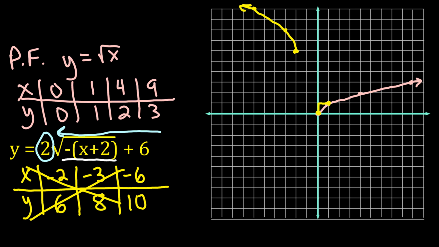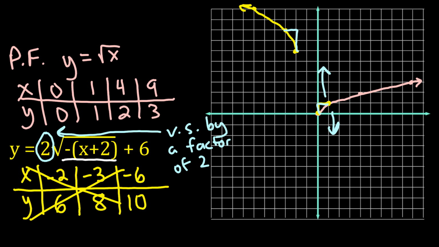That's pulling it up vertically. So vertical stretch by a factor of 2. So what's happening is instead of going up 1 over 1 like we do on that pink graph, we're going to go up 2 over 1. It's pulling the graph vertically like so.